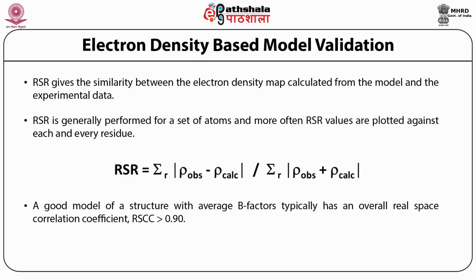That is, the RSCC value will be greater than 0.9. RSCC varies for each and every residue depending on how well each residue of the model fits the actual electron density map, and is thus a very helpful, powerful and quick measure to gain an overview of the local quality of a model that is built.